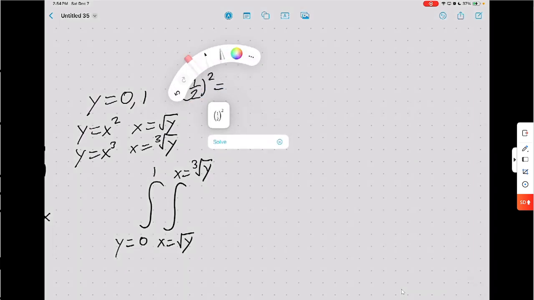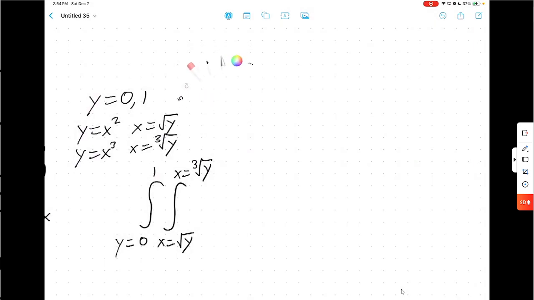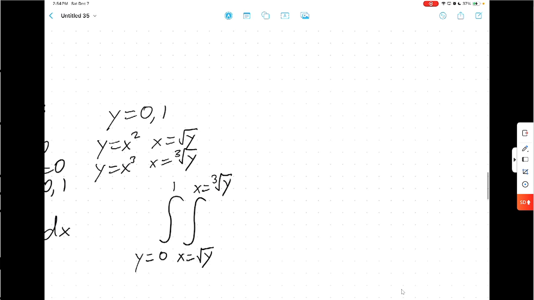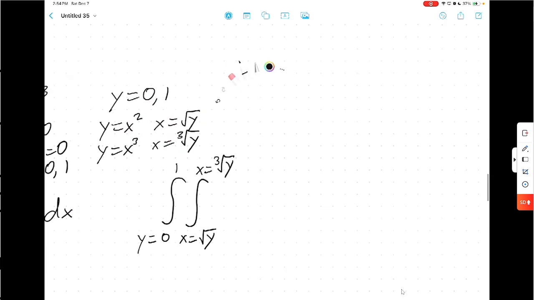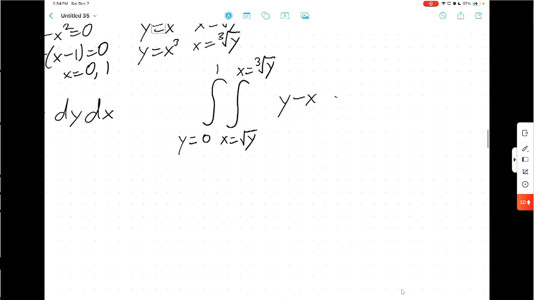I think the easiest one to plug in is going to be 1 over 64, this is going to give you 1/8, and then this gives you 1/4. Yep, this is indeed the right one. Y minus x dx dy.